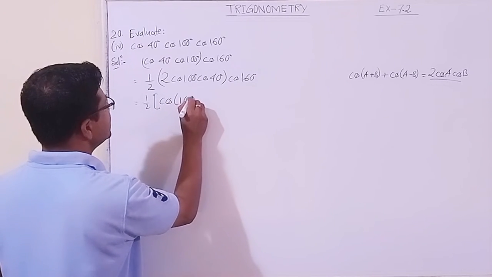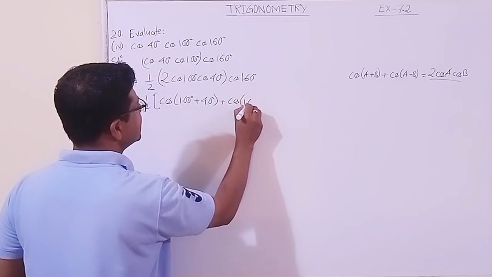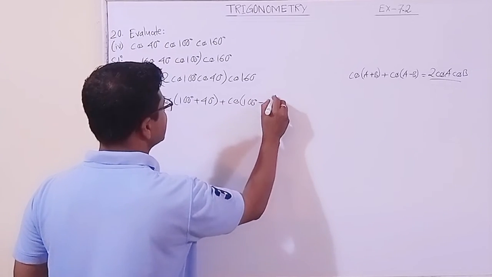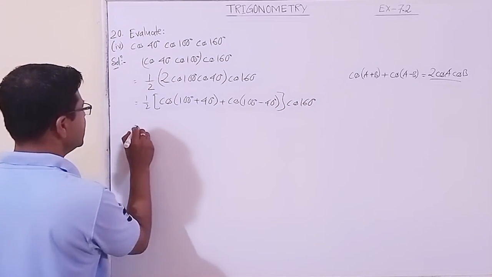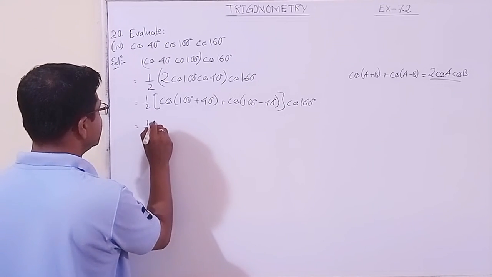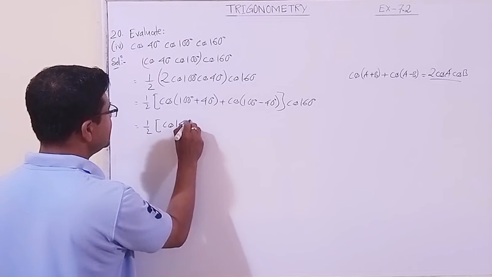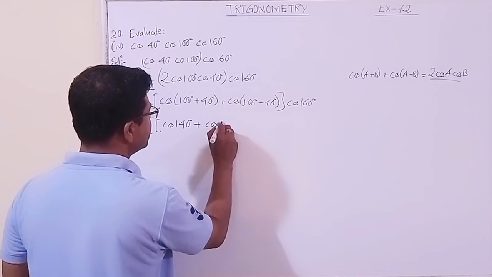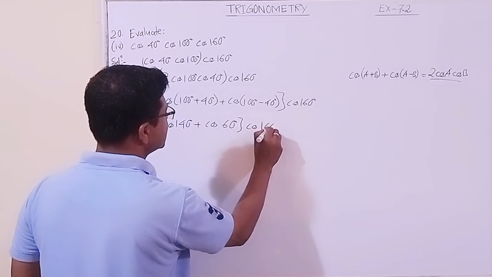Okay, directly also you can do a plus b, then cos of (a minus b), 100 minus 40 degree. This is a very easy sum, but a little bit lengthy. All right, then cos of 160 degree. Okay, then this is cos of 100 plus 40, which is 140 degree. Then this is cos of 100 minus 40, how much? 60 degree. Then cos of 160 degree.